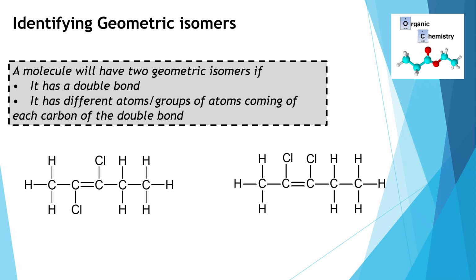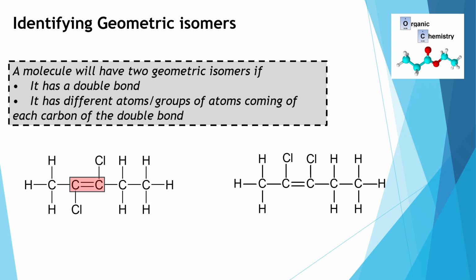Let's look more closely at how we would identify whether a molecule is a cis or trans geometric isomer. So remember, the first thing I said is we had to look and see if it has a double bond. So notice this molecule on the left does indeed have a double bond. And then we look specifically at each side of the double bond.